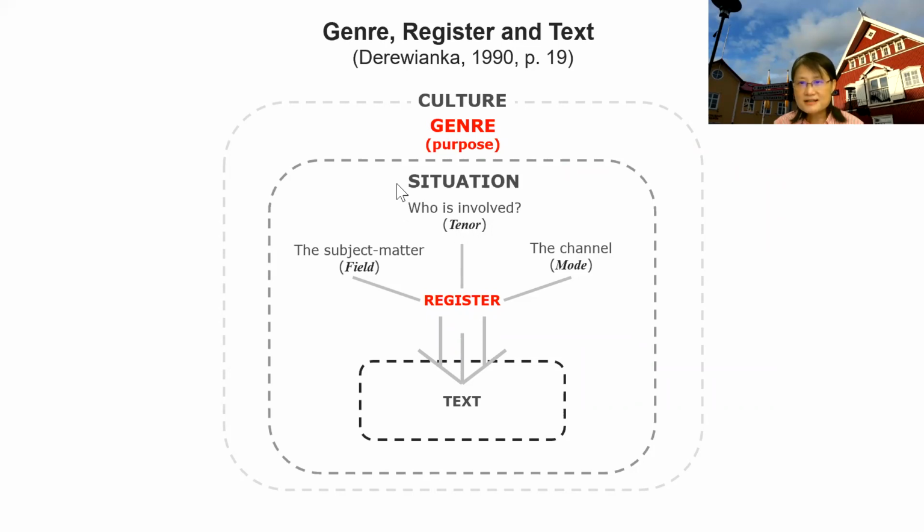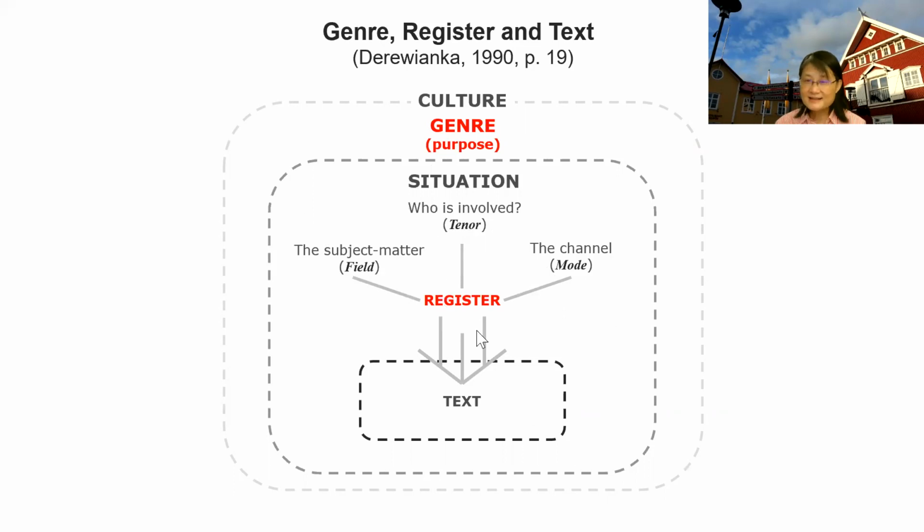So situation is who are the participants? What is their social relationship? Is it more or less egalitarian, horizontal relationship, or hierarchical? Or the social distance is quite huge, so that we need to be very formal. And the spoken written mode, the subject matter usually will control the choice of vocabulary, sometimes also the sentence patterns.